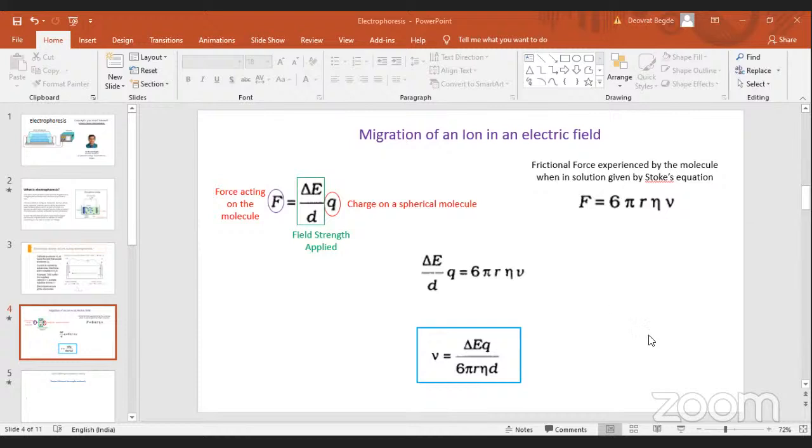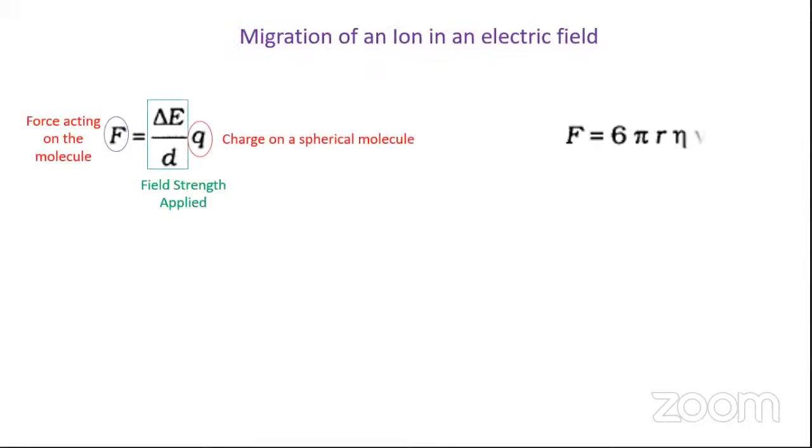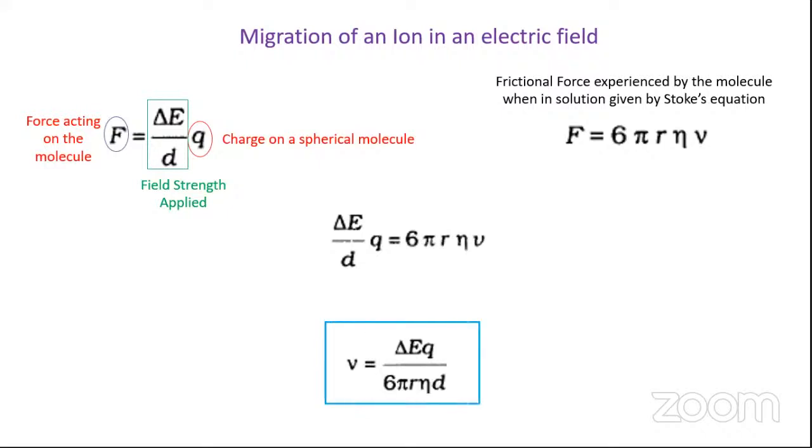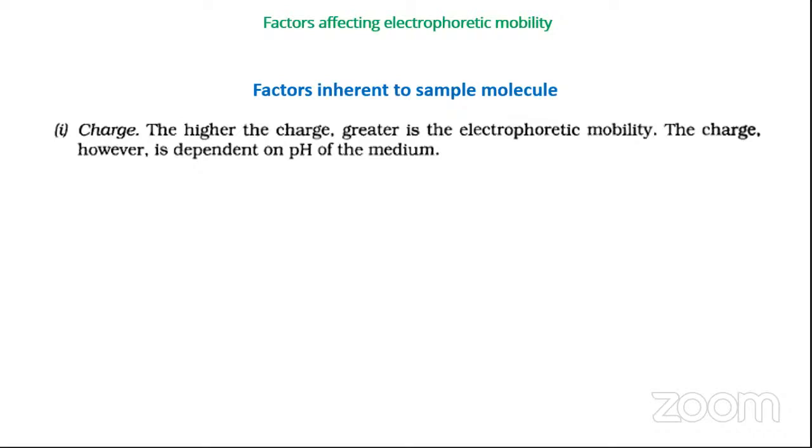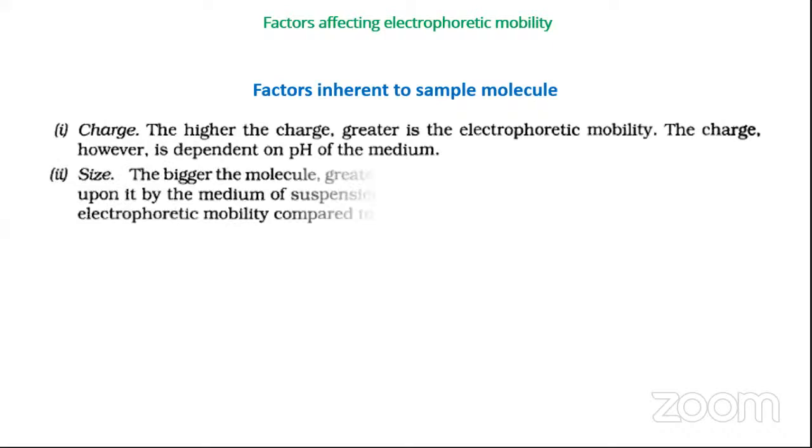Okay, so we arrived at this relation which you can see on your screen, and after arriving at the final relation for electrophoretic mobility, we understood what are the factors on which the electrophoretic mobility of a charged entity is decided. So we understood certain inherent factors like the charge of the molecule or the particle, which is obviously dependent upon the pH of the medium.